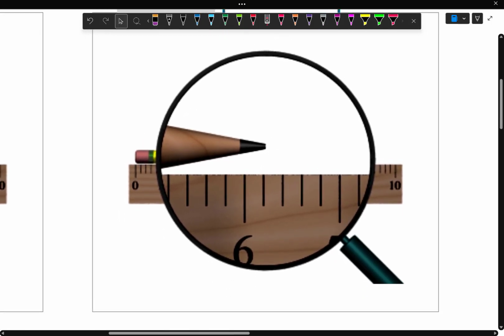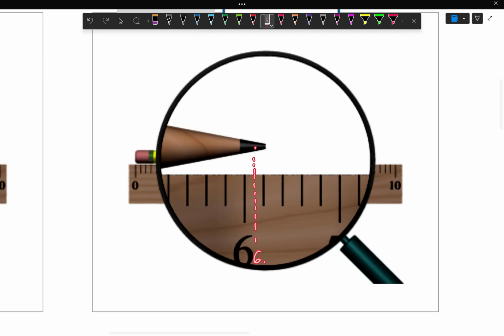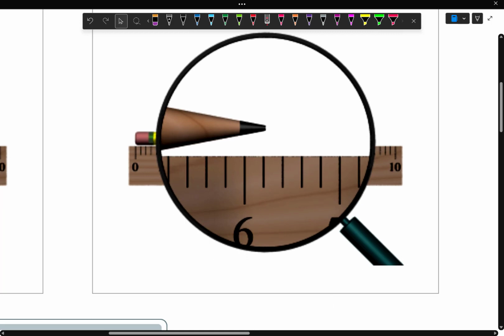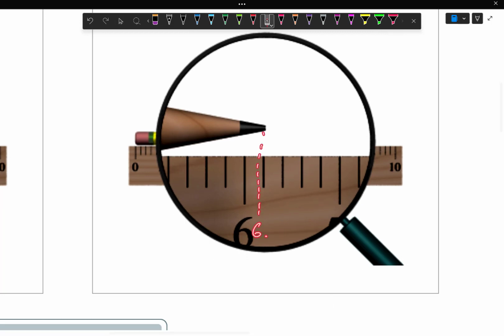If the pencil had come to this point, right in the middle, we'd put 6.1. That's pretty safe to say. But if the pencil had come closer to this point, it might be tempting to say that this would be 6.19 or something like that.